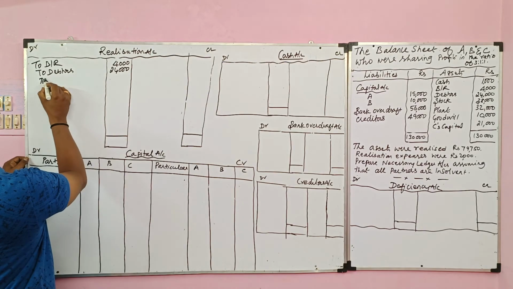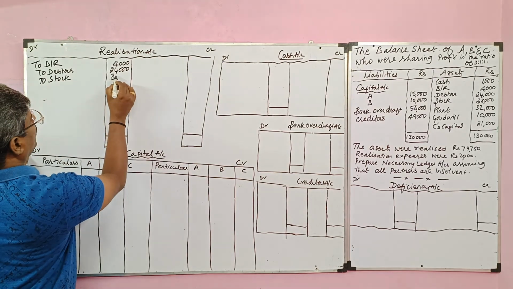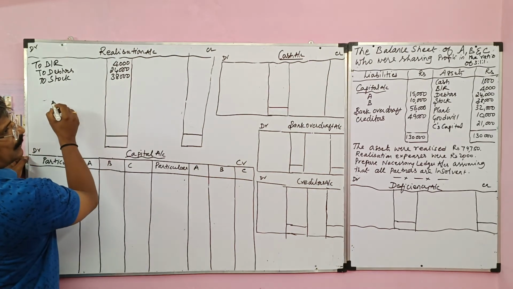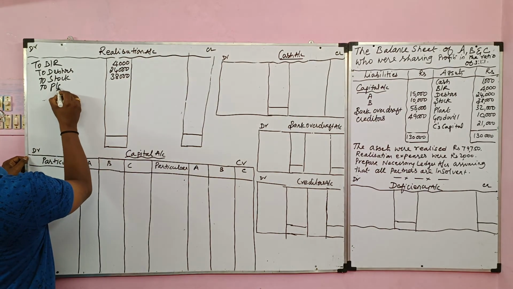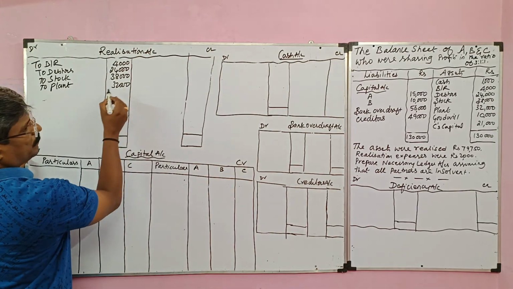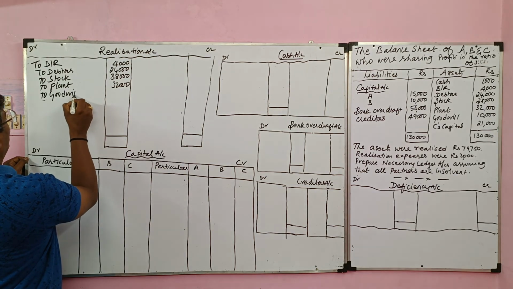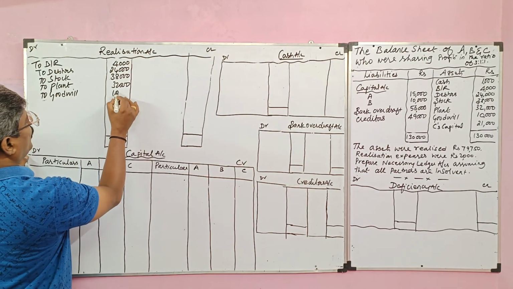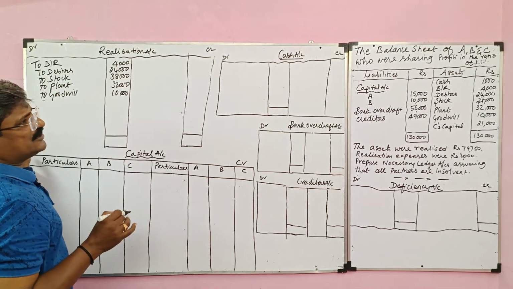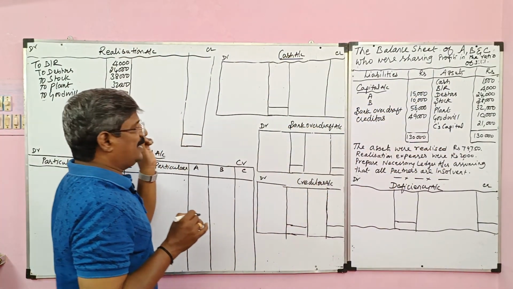Then stock, its book value 38,000. Then plant, its book value 32,000. Then goodwill, its book value 10,000. So I transferred all assets except cash and profit and loss account to the realization account.